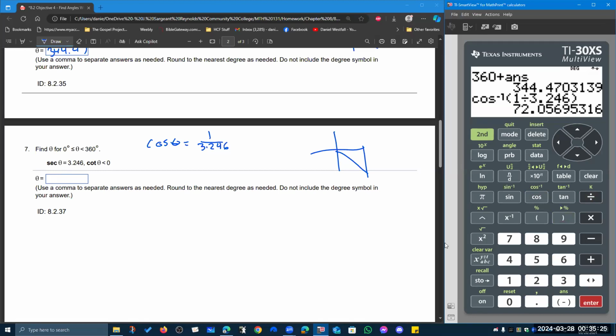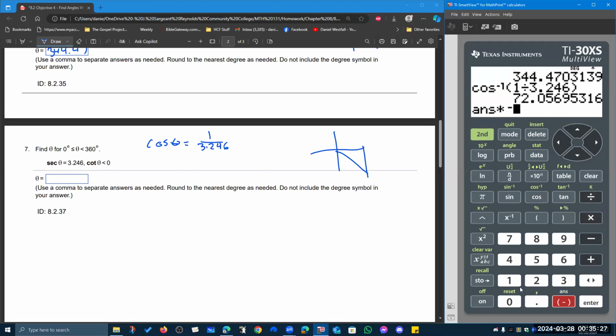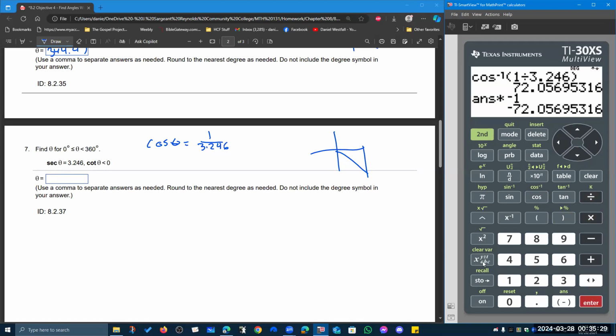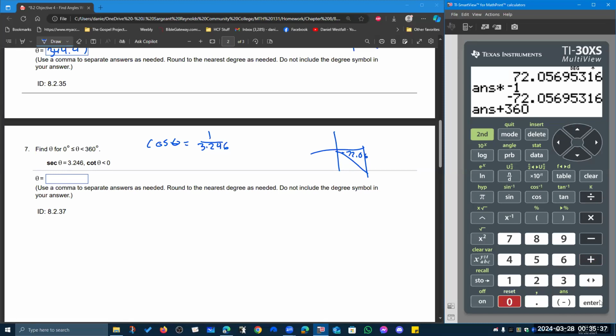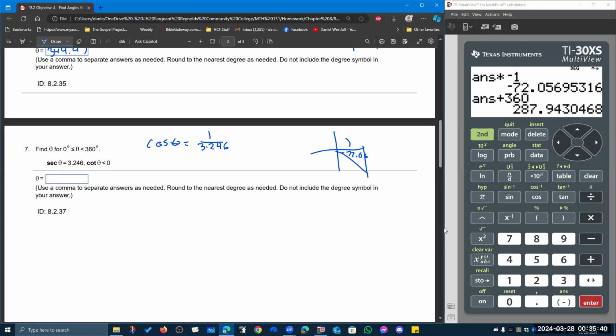This is really a negative angle here, since I've gone down. This was negative 72.06. I need to add 360 degrees to that to come around this way and get 287.94. Rounded to the nearest degree, 288.